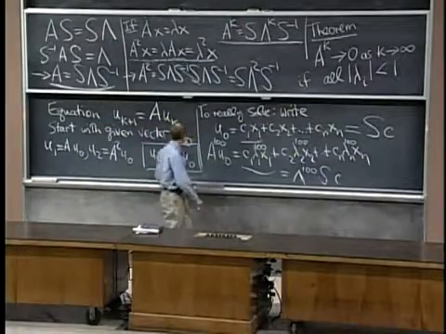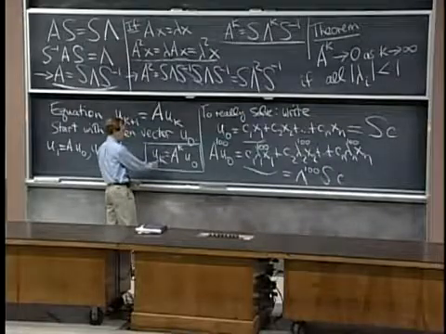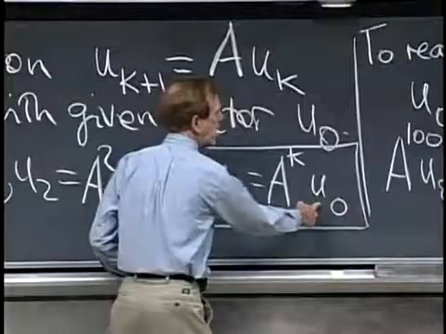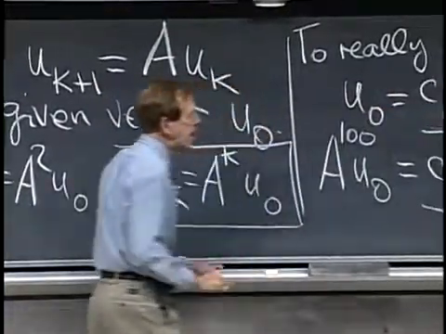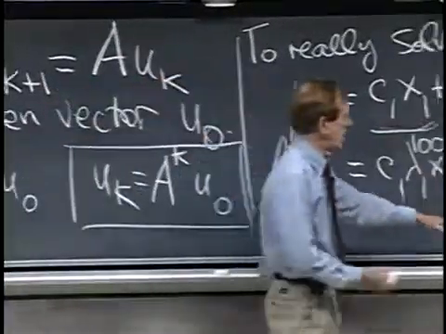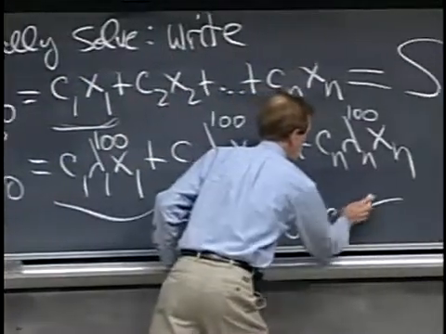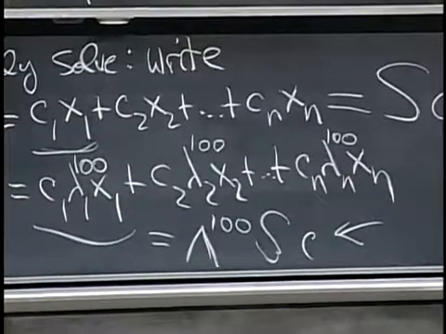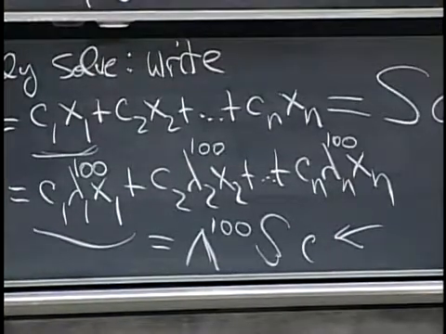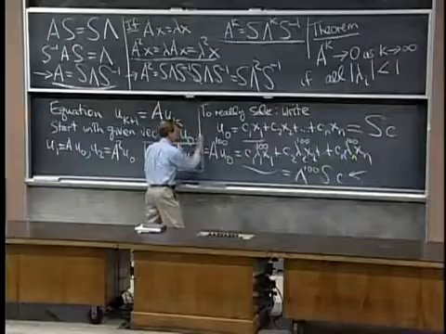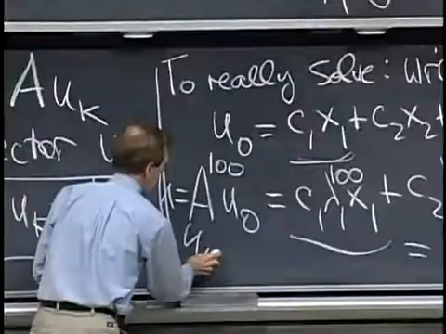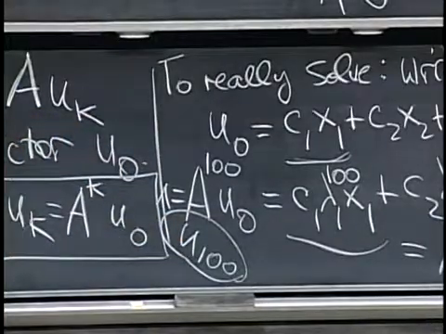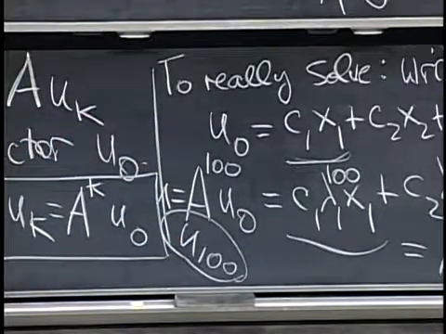Okay. So if u100 is A to the 100th times u naught, and u naught is S C, then you see this formula is just this formula, which is the way I would actually get hold of u100, to see what the solution is after 100 steps.